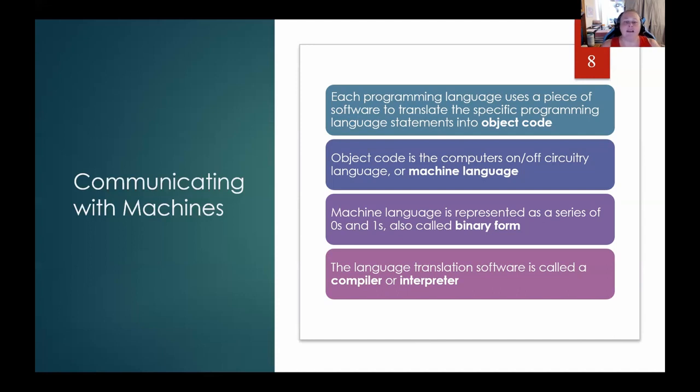It means whether there is electricity on or off. Now, we have to somehow get from that source code that the programmer creates into that object code. And this is where they have some kind of translation software. So we have something called a compiler, and then we have something called an interpreter. And yes, compilers and interpreters are two different things.